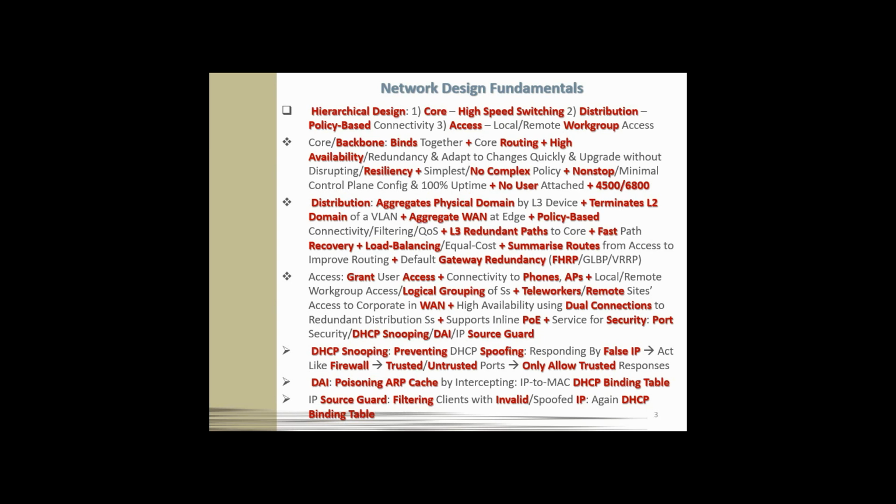So edge switch ports are usually the untrusted ports. So uplinks towards DHCP servers are trusted ports, and untrusted ports are edge switch ports. DHCP snooping acts like a firewall and sits in between to only allow DHCP responses to DHCP requests from trusted ports.